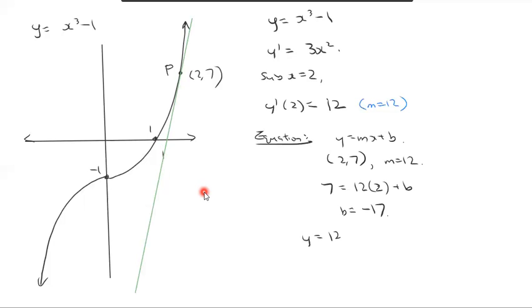So we now know it's y equals 12x minus 17, which of course lets us know that somewhere further down is negative 17 down here. And then if we let y equal 0, we'll get x equals 17 over 12, which is between 1 and 2, which kind of makes sense.